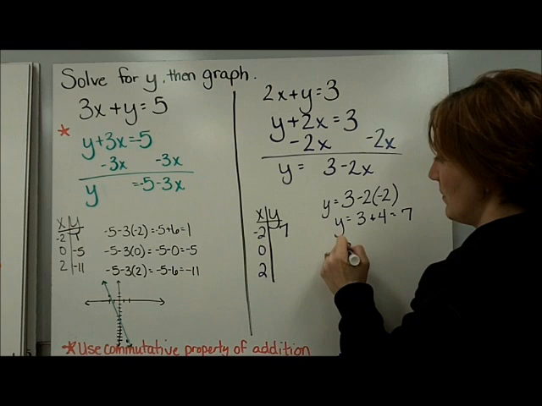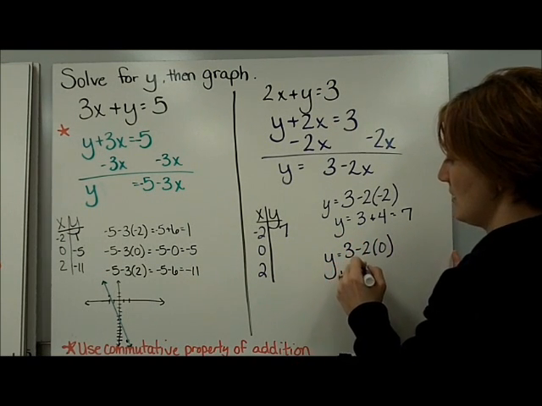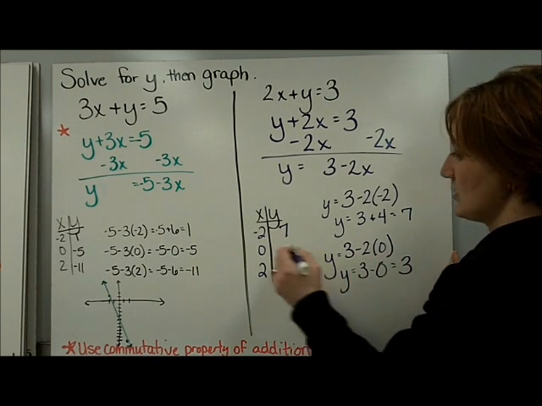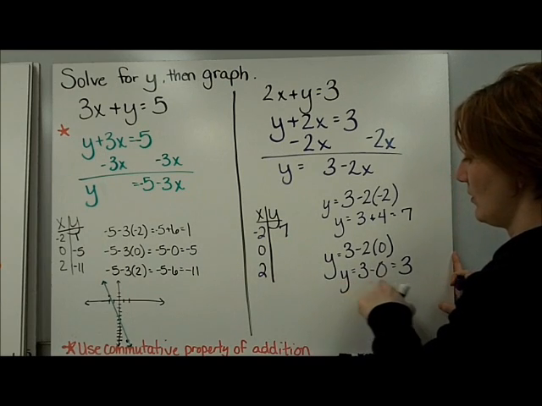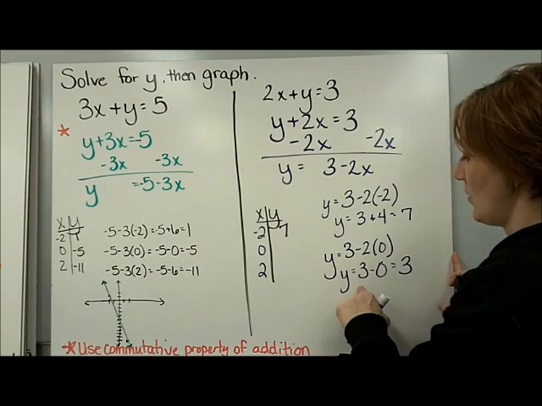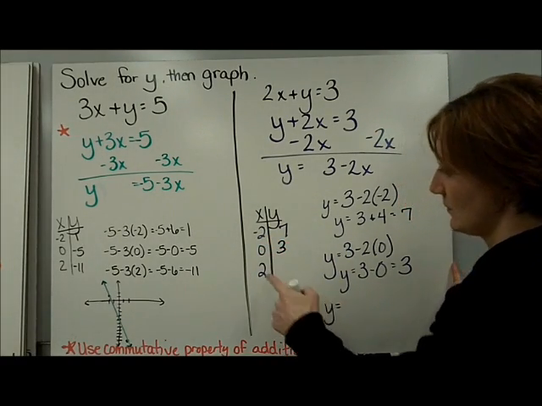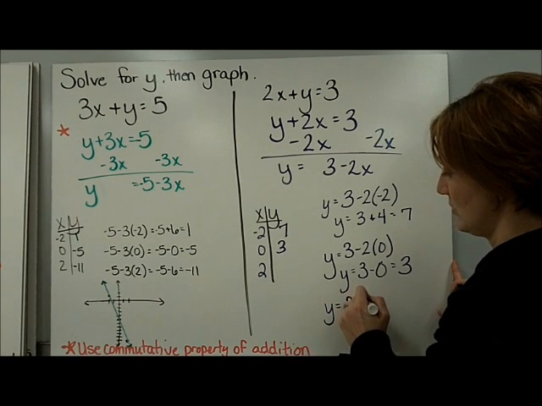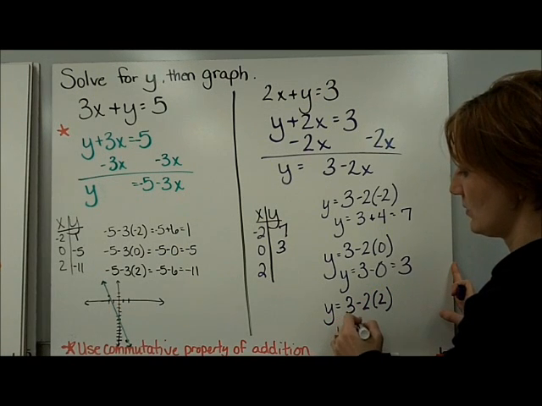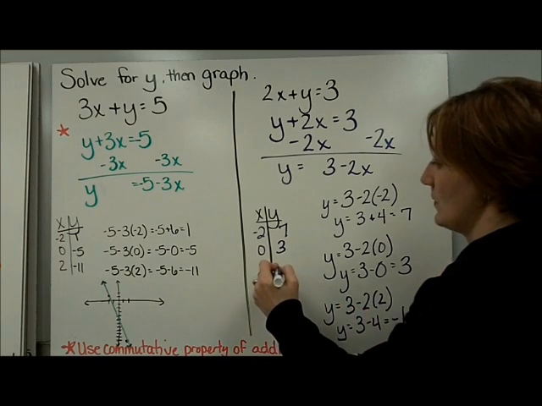If I was to put in a 0, I would have y equals 3 minus 0 equals 3. And the y output for the value of x equals 0 would be 3. If I put in a 2, I would have y equals 3 minus 4 equals negative 1.